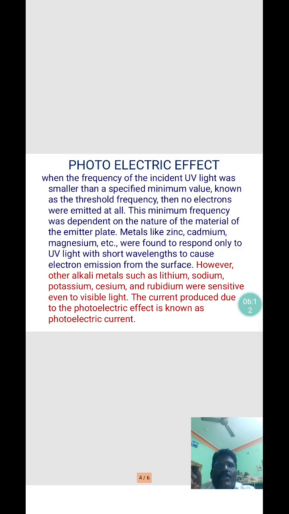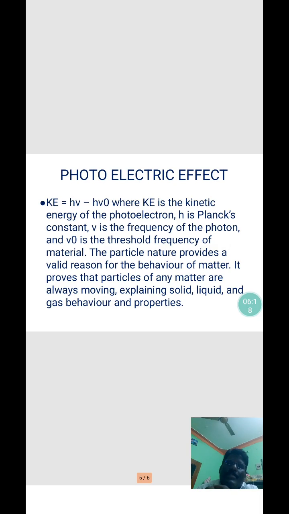The current produced due to the photoelectric effect is known as photoelectric current. As already said, the kinetic energy of the ejected electron is equal to h nu minus h nu 0, where KE is the kinetic energy of the photoelectron, h is the Planck constant, nu is the frequency of the photon, and nu 0 is the threshold frequency of the material.